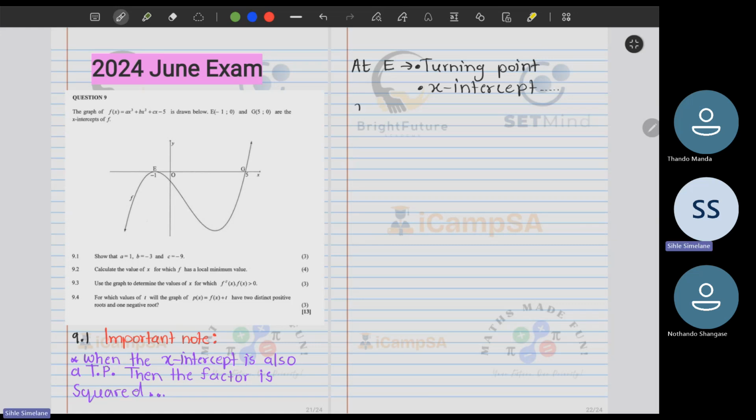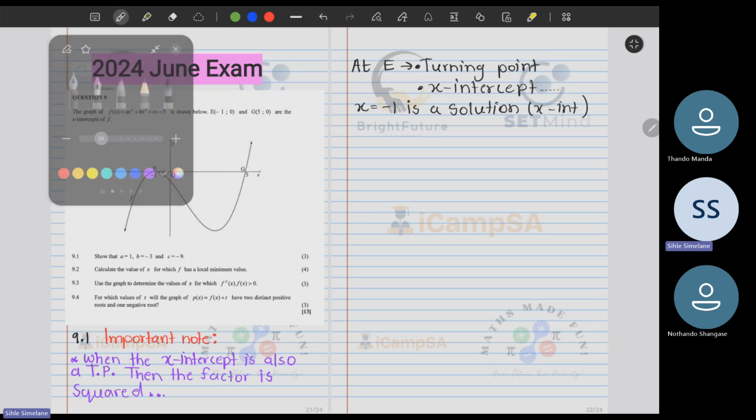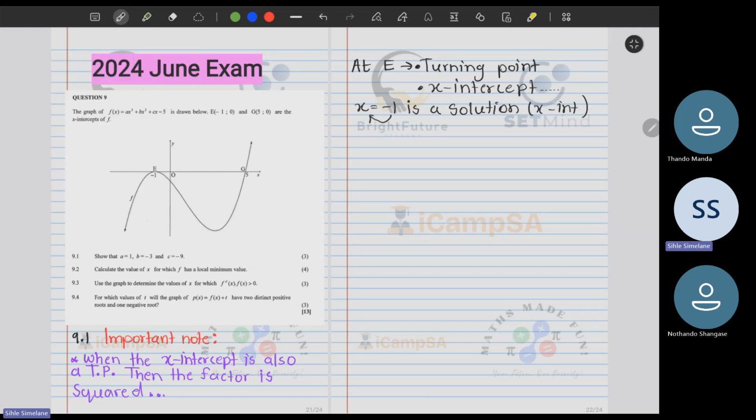So we know that x equals -1 is a solution, because if you take the -1 and you plug it into this equation, you will get 0, because it is an x-intercept. But then what we know is we always transpose for the factor. So what you know is that x plus 1 is a factor.